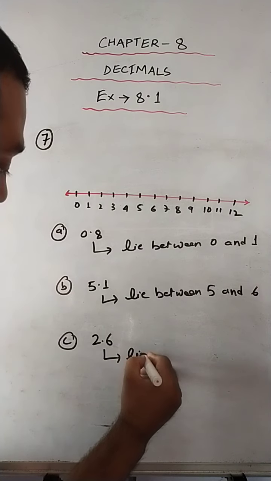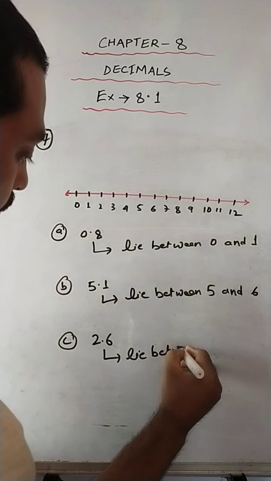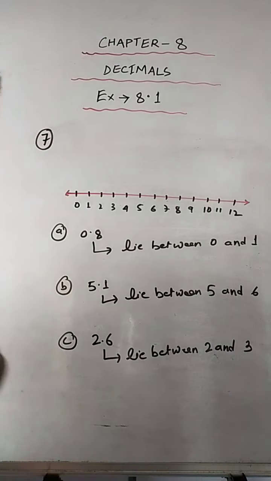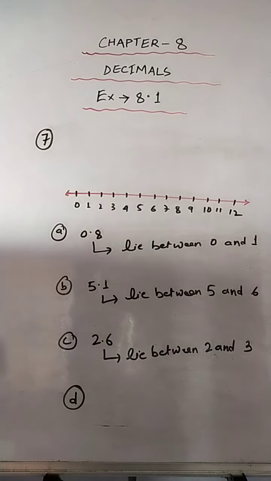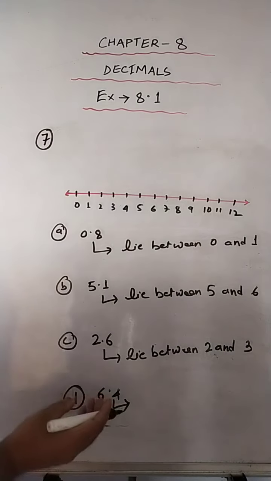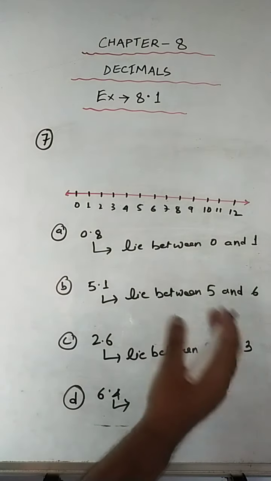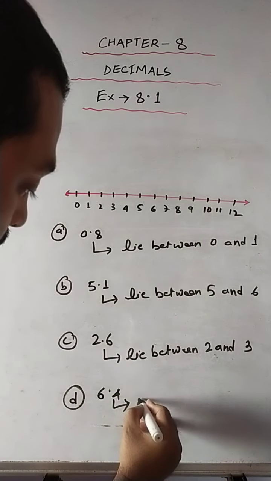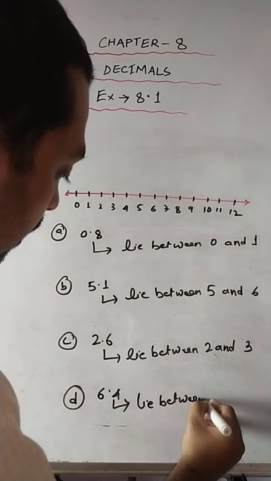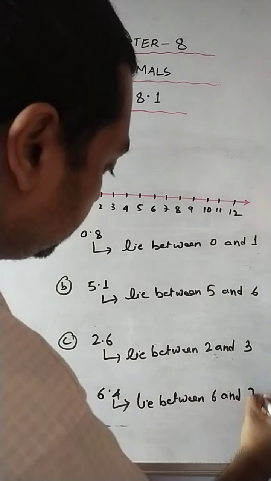So it will lie between 2 and 3. Now what about D? D is 6.4. Now 6.4 means more than 6, less than 7. So it will lie between 6 and 7.